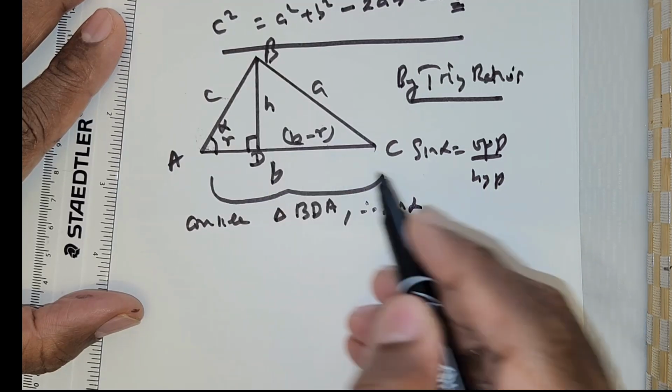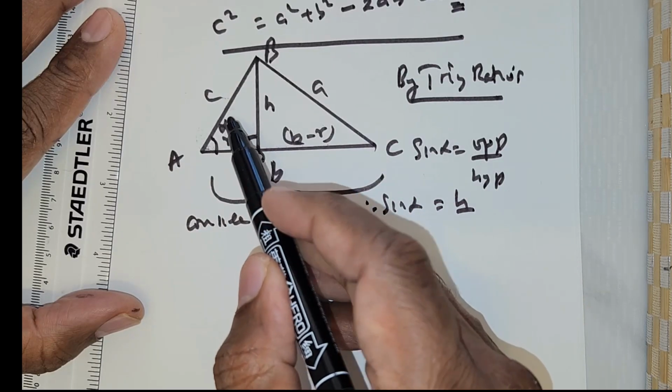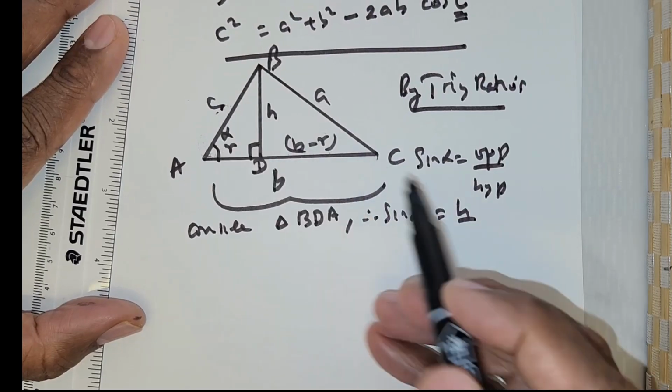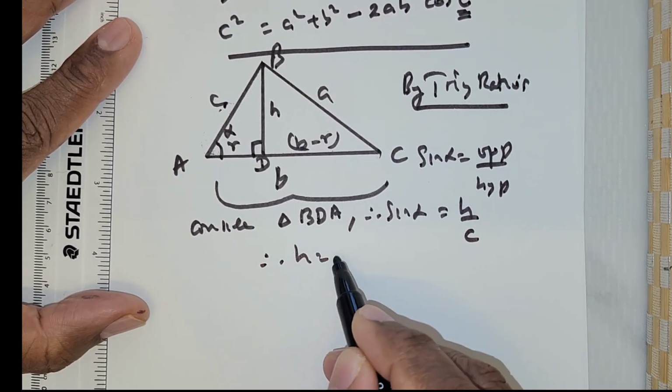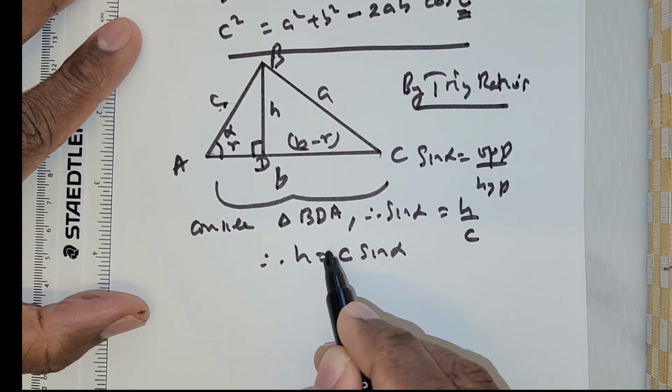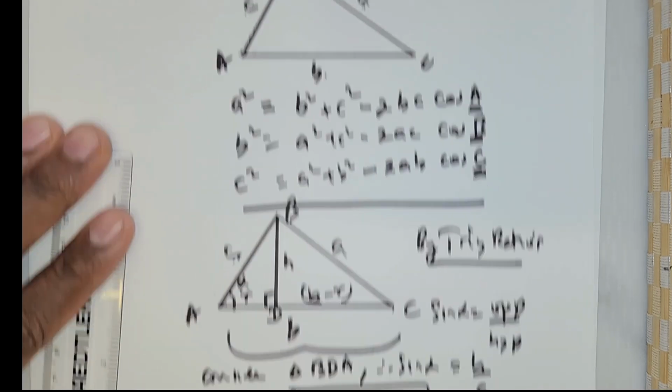So sine alpha is equal to h over the hypotenuse, which is c. Therefore h is equal to c times sine alpha. That is one relationship we have got.